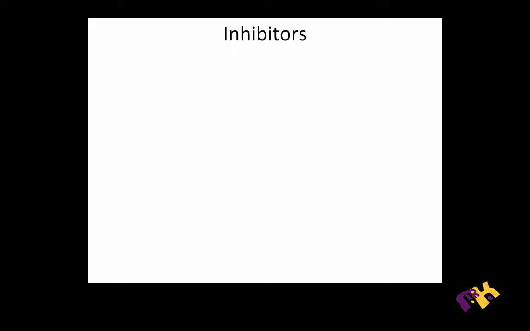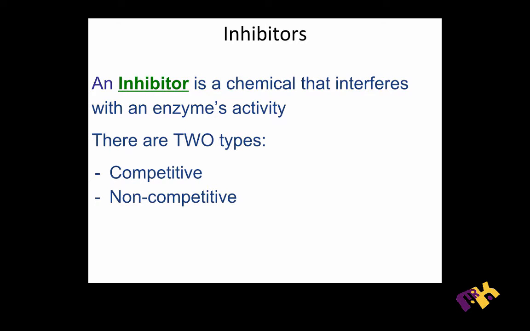So we need to inhibit their activity. We need to be able to stop them or slow them down. And so we're going to close this section of material by looking at inhibitors. By definition, an inhibitor is a chemical that interferes with an enzyme's activity. There are two types: competitive and non-competitive inhibitors.